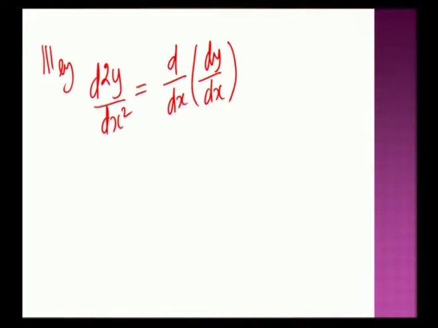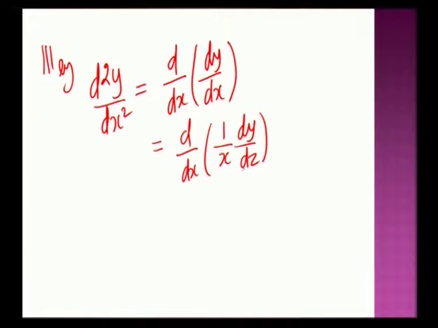The value of dy by dx is 1 by x into dy by dz, which we again need to differentiate using the UV rule.